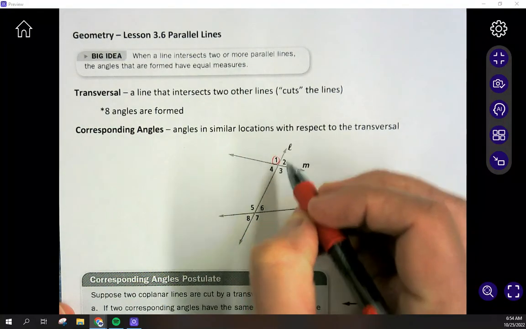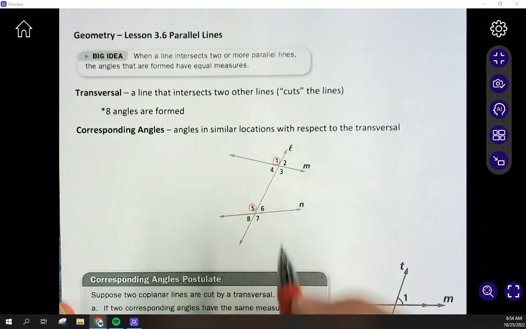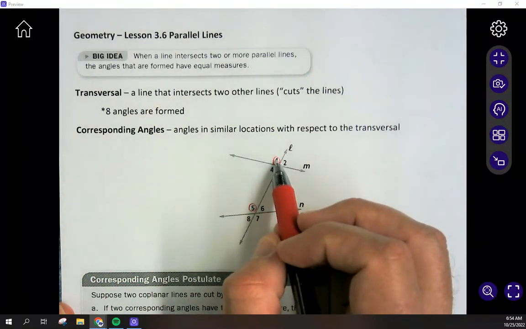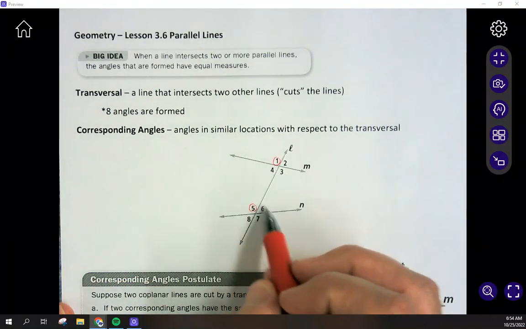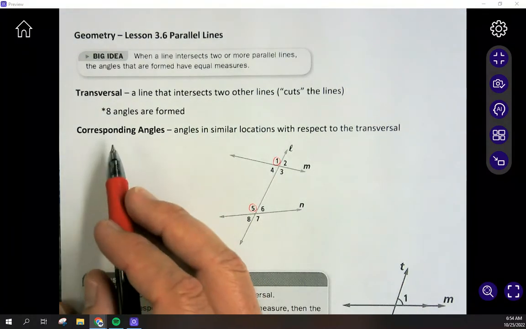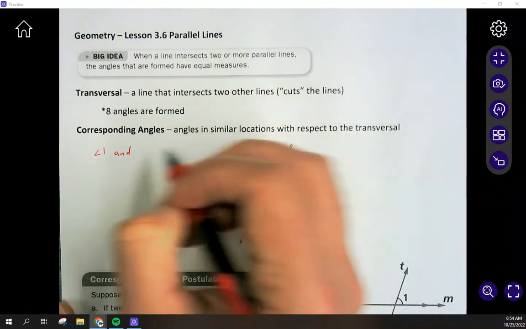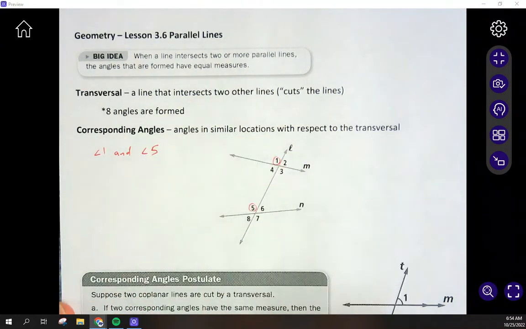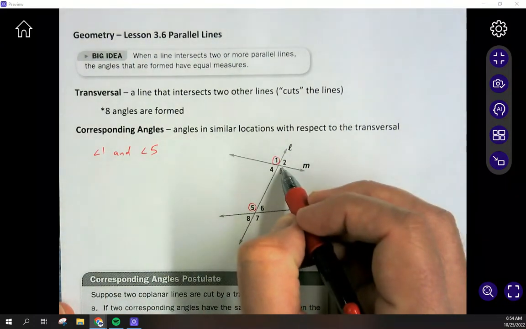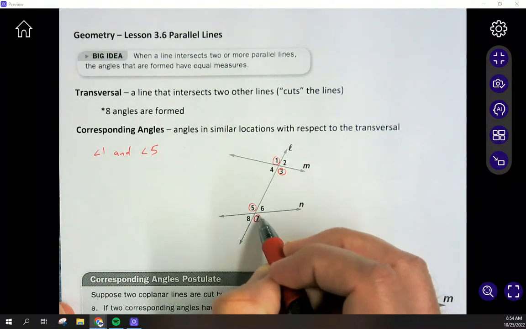So 1 corresponds with 5. Okay, it's in the top left position of this group. It's in the top left position of this group. So corresponding angles, that would be angle 1 and angle 5. We also have 3 and 7.